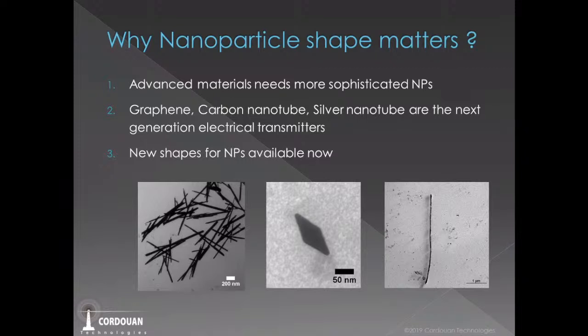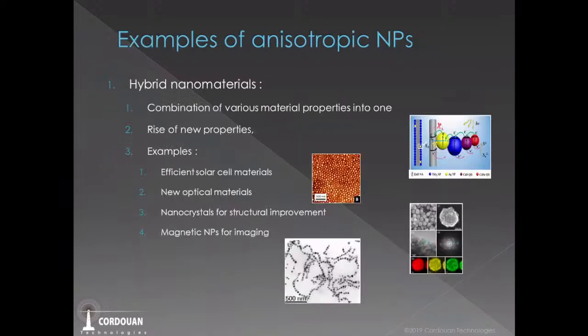Why are they important for the industry? Because with anisotropic nanoparticles, we are entering into a new world where, by combining different nanoparticles, putting them together, making nanotubes or whatever you want, we are reaching new properties of materials, which are really important. As an example, we are increasing the efficiency of a solar panel using this kind of nanoparticle. We have new optical materials. Here, for example, by adding nanoparticles, by transferring the electrons, you have a way to improve the efficiency.